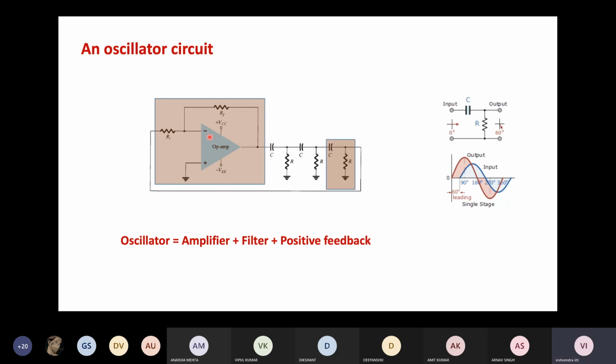Second, what is this? Filter. Yes, this is a filter. But why do we need three such filters? Because as you see we have three RC circuits, three filters in series with each other. That's the key point here.